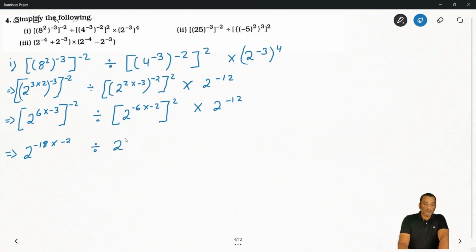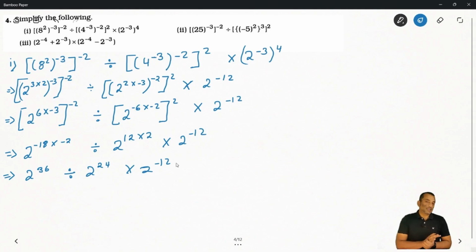So 2 to power 12, because minus 6 times minus 2 we will get 12, times 2 to power minus 12. Now, finally you will get how much? 2 to power plus 36 divided by 2 to power 24 and times 2 to power minus 12.